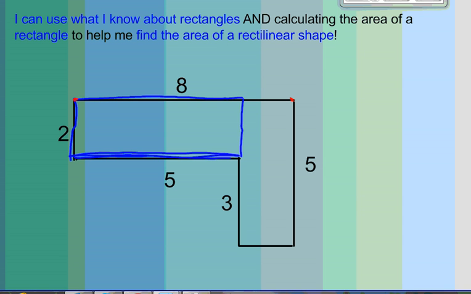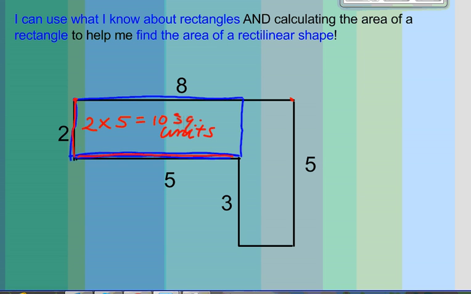I need to be careful. I want just this rectangle. I have a length of 2 and a width of 5. So my equation would be 2 times 5 equals 10 square units. That's the area of this rectangle.